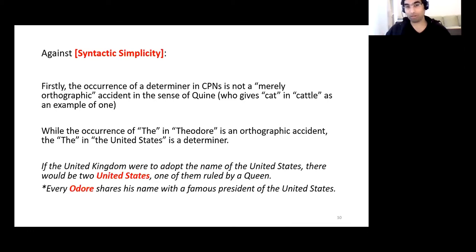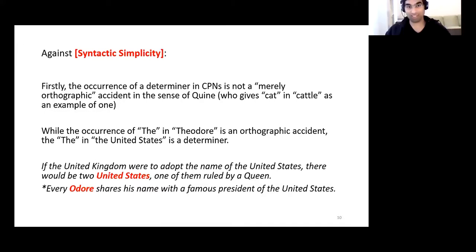However, though it is true that these orthographic accidents do occur, for example, I think the occurrence of THE in Theodore is an orthographic accident, the occurrence of THE in the United States is the occurrence of a determiner. One reason to believe this is that the nominal of the determiner in the United States, the complement of THE, does make otherwise meaningful appearances in sentences.